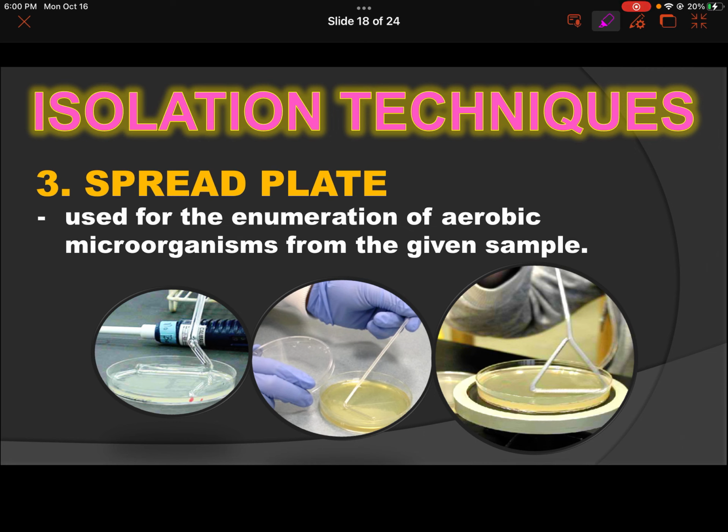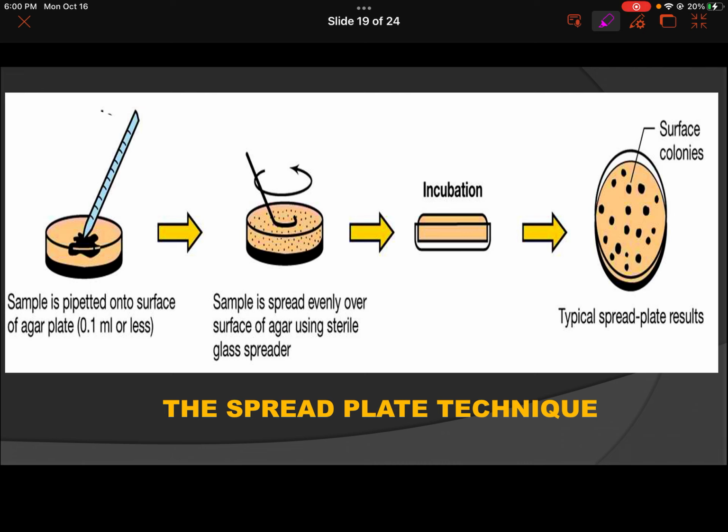That's the spread plate technique, and usually we use this L-rod, or maybe this kind of spreader. Unlike your pour plate technique, what you can observe are only surface growth. So this is the technique for spread plate.